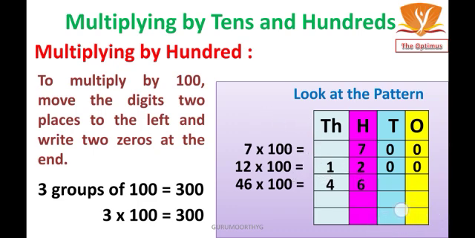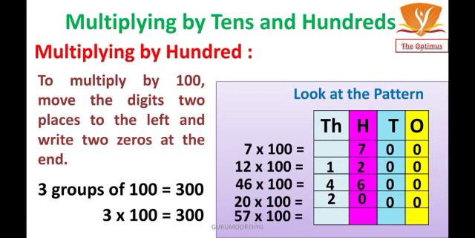That means 4600. 20 into 100 equal to 20 hundreds. That means 2000. 57 into 100 equal to 57 hundreds. That means 5700.